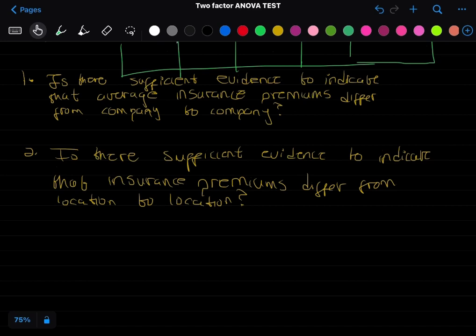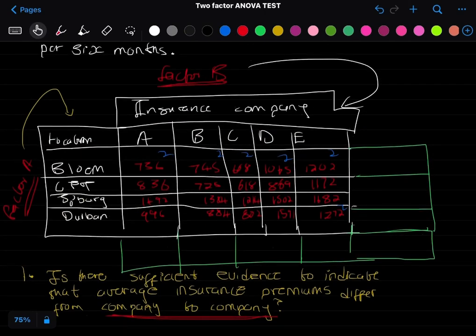For the first one, since it says from company to company, the insurance companies are factor B, right?